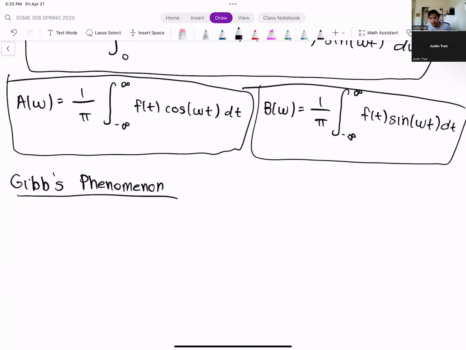One interesting thing about Fourier transforms and Fourier integrals is that Fourier does not really recognize the existence of function discontinuities. When you have a discontinuity in your function, Fourier is going to try to smooth it out. But because of this, some interesting things happen.